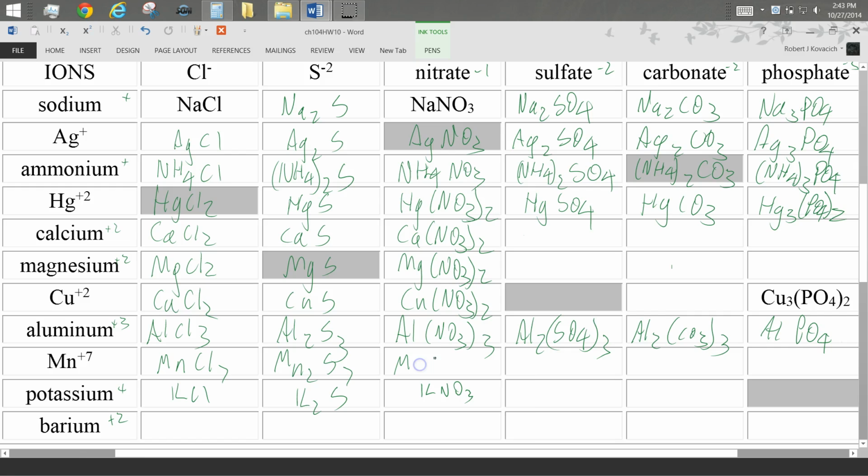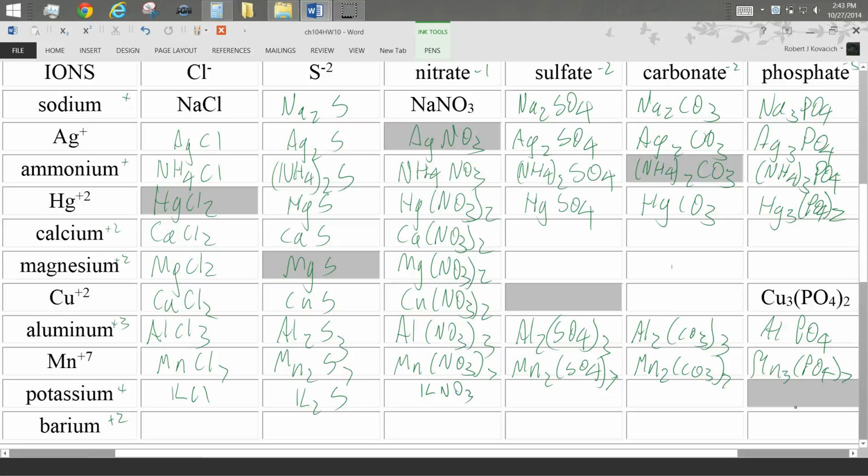And then Mn(NO3)7, and then Mn2(SO4)7, and Mn2(CO3)7. Doesn't really look like a 7. And then Mn3(PO4)7.